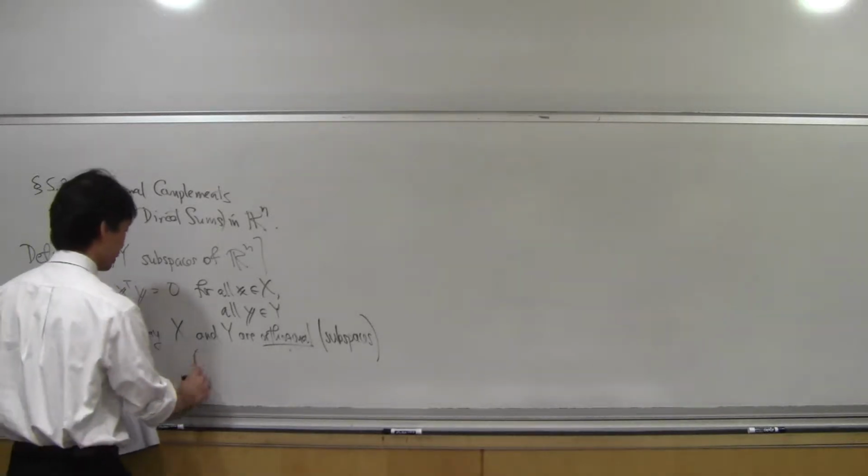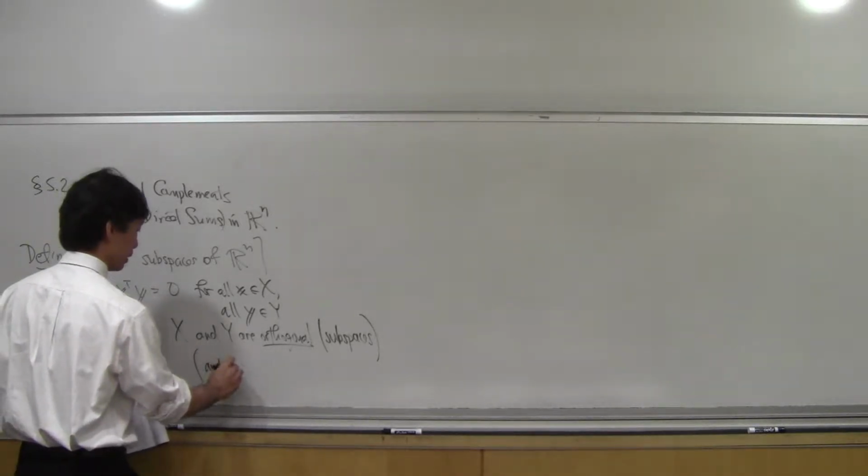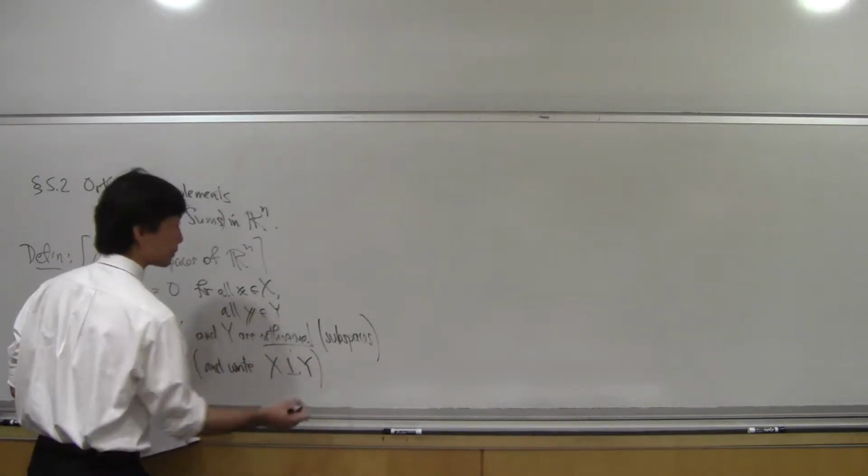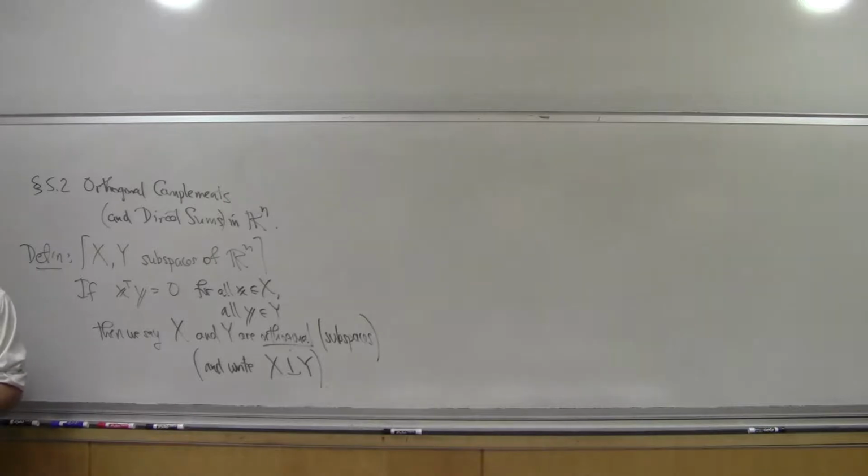And we write X is perpendicular to Y. Pretty simple idea, right? We say they're orthogonal if every pair of vectors in X and Y are orthogonal to each other.